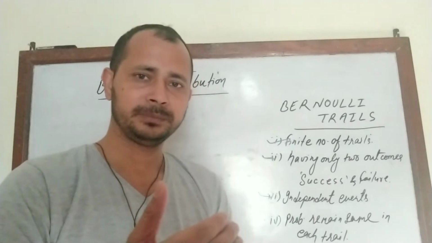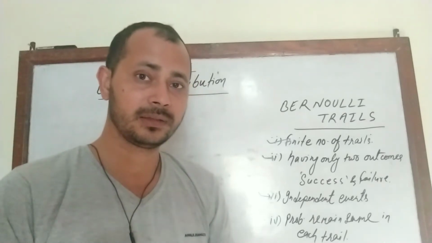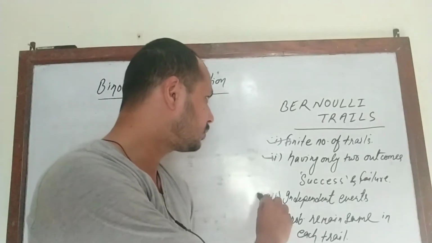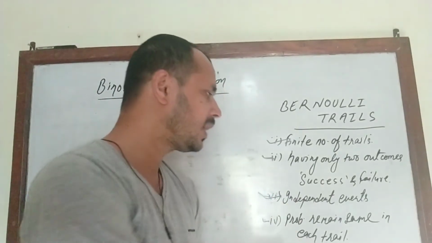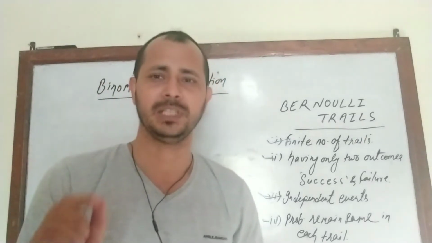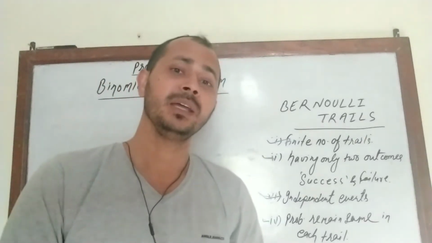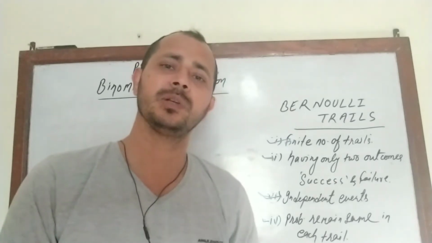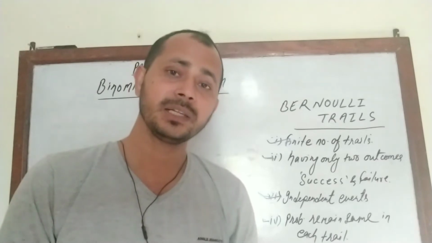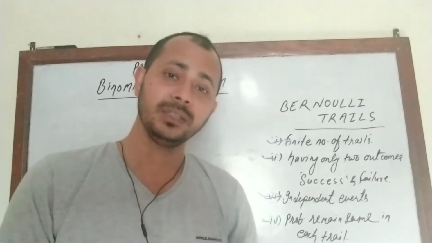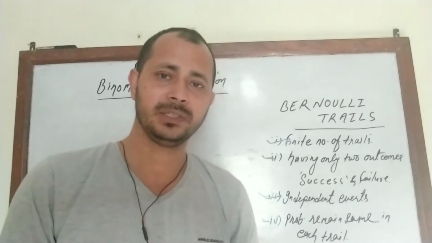If events are independent, then it is related to Bernoulli trials. Next, probability remains the same in each trial. If a coin is tossed 10 times, in the first trial the probability of getting head is 1/2. Similarly, in the second trial also the probability of getting head is 1/2. In the third trial also it is 1/2.